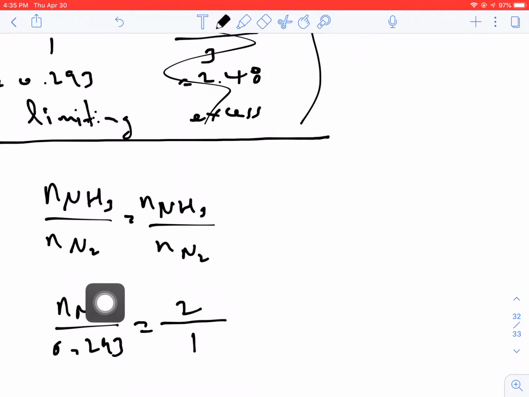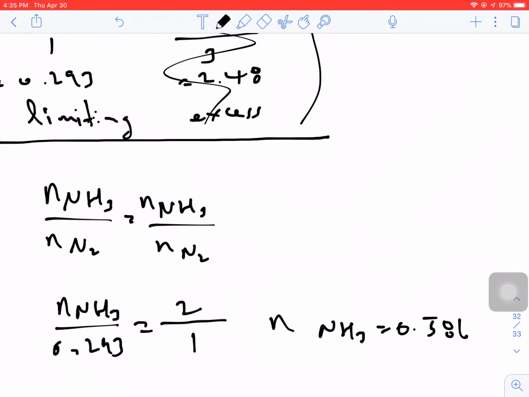Now to solve for my number of moles of ammonia, I'm going to take my 0.293 up beside the 2. I'm going to multiply it by 2, divide it by 1, and I will get my number of moles of ammonia equals 0.586 moles.